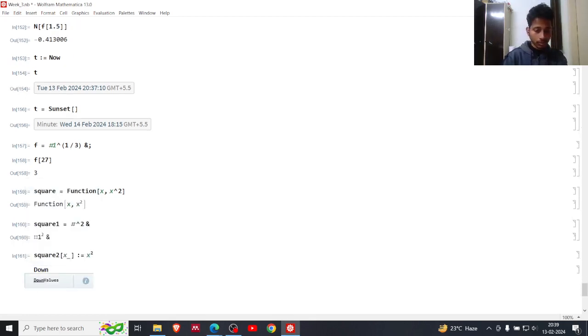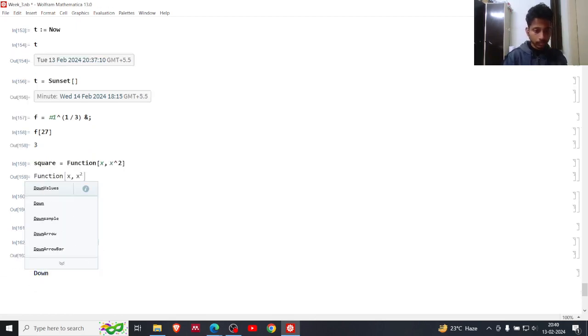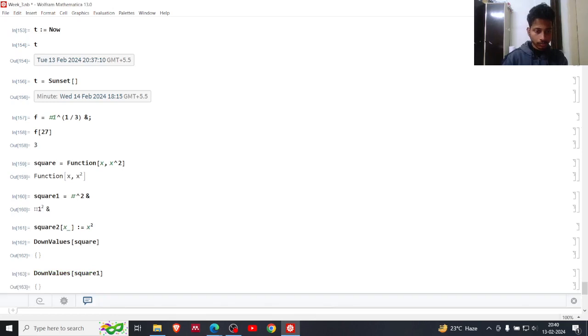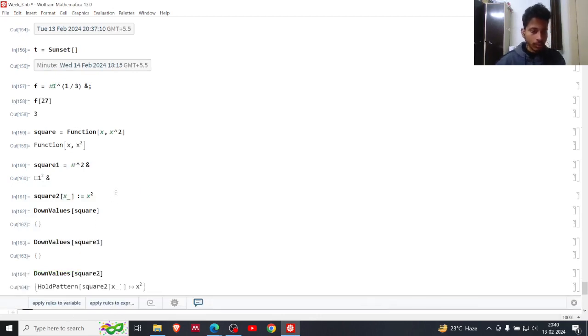Now we'll use DownValues of square, because this is a special type of command in Mathematica that is not very necessary, but DownValues gives a list of transformation rules corresponding to all down values defined for the symbol f.